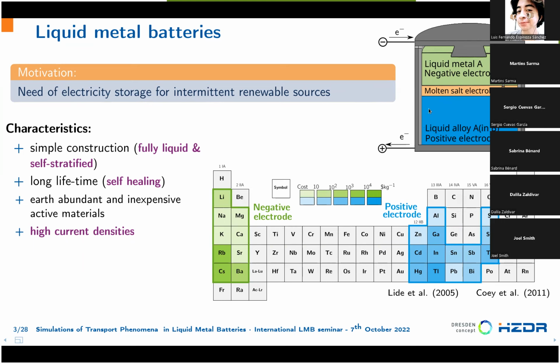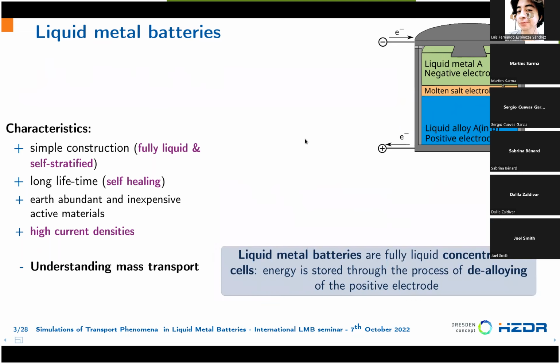And in the bottom, we have an alloy that is made from a solvent that is a metal of this region of the periodic table, like lead or bismuth, together with the metal of the negative electrode. And the alloying of the positive electrode is the technique that we use to store energy inside this electrochemical cell. So understanding mass transport in the positive electrode is of great interest.